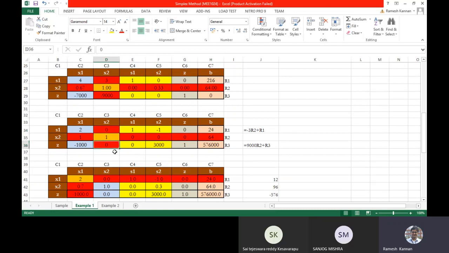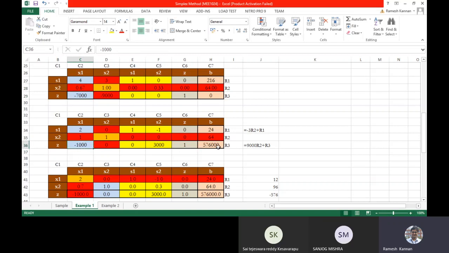The next step is making the z row, or row 3, to be 0. What is row 3? Minus 9,000. So we add 9,000 into 1 plus minus 9,000, which will make it 0. Then 9,000 into 0.67 plus minus 7,000 will become minus 1,000.